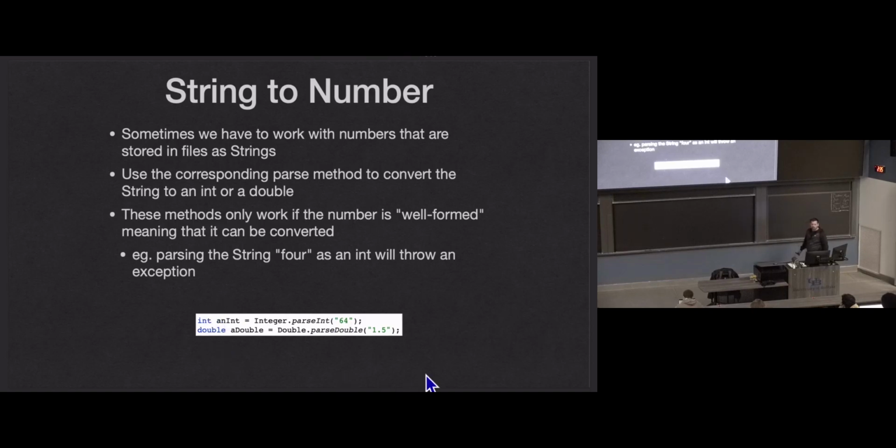This will only work if we have well-formed numbers, meaning that if the value doesn't clearly indicate a number, it won't work. If we say parseInt of "4" with the word, which we know as humans is the number 4, the method isn't going to know that. It's just looking for numeric values. And for the case of parseInt, just numeric values with no decimal places.